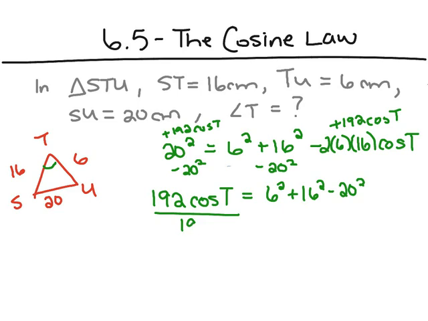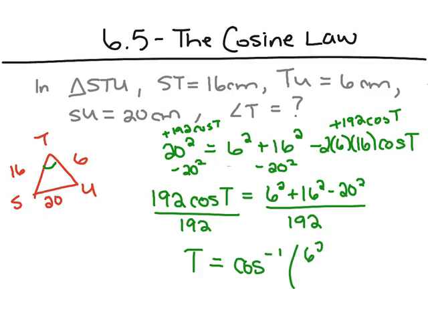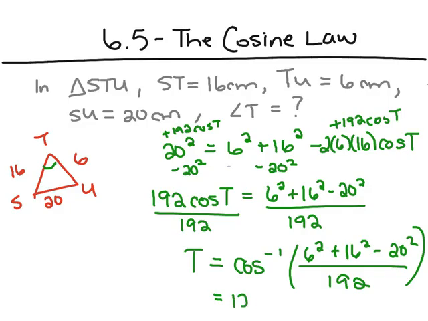Divide both sides by 192, and we're going to take cos to the negative 1. So T equals cos to the negative 1 of 6 squared plus 16 squared minus 20 squared divided by 192. Type this all into your calculator, and you should get 124 degrees.